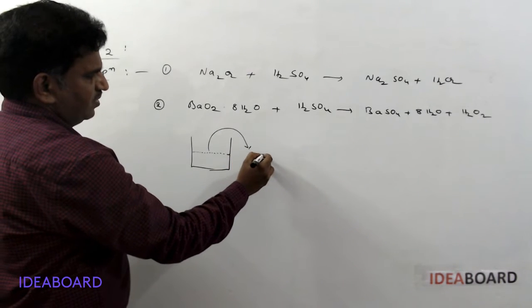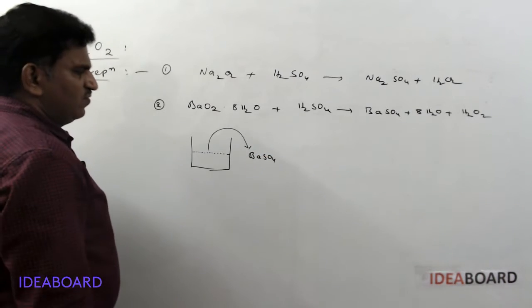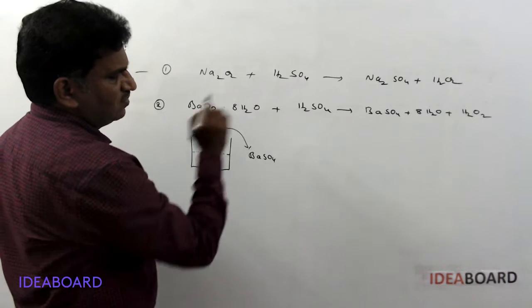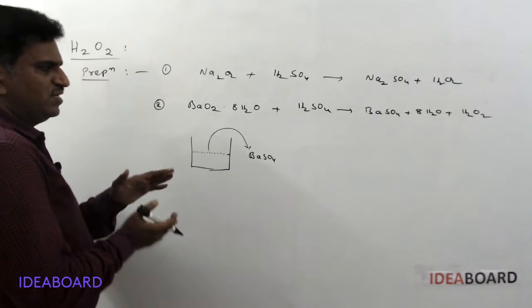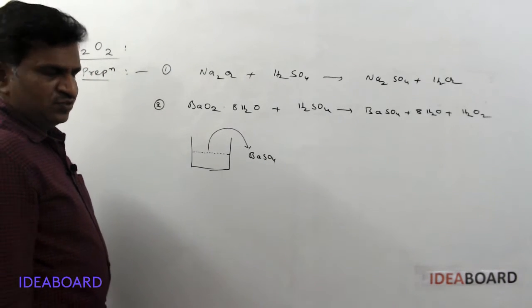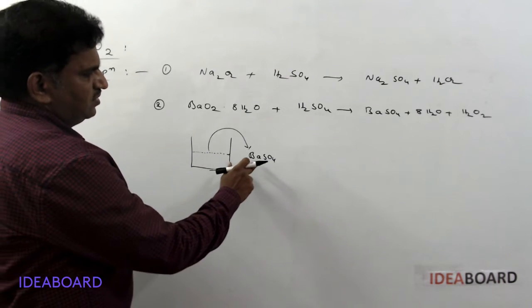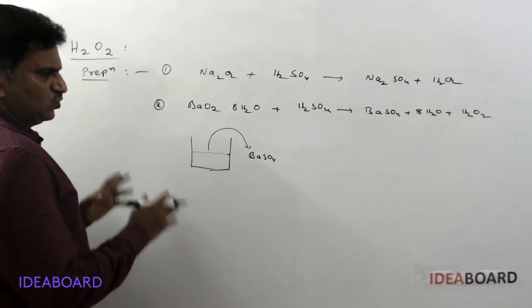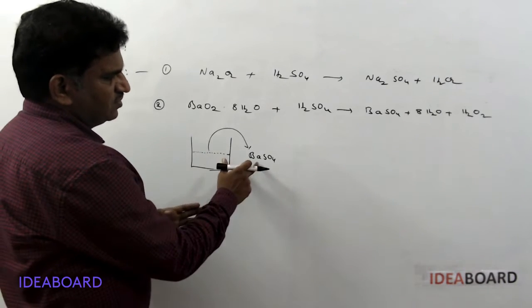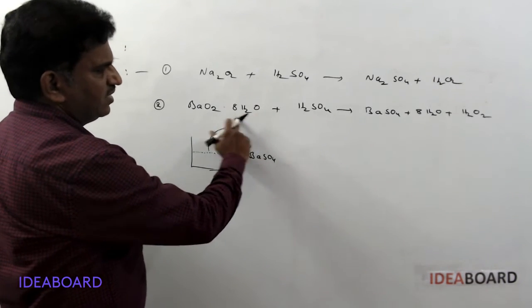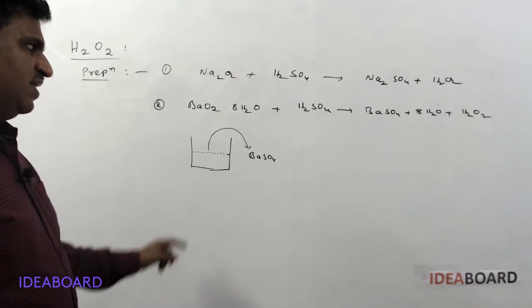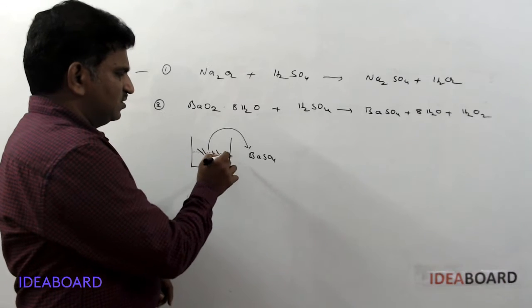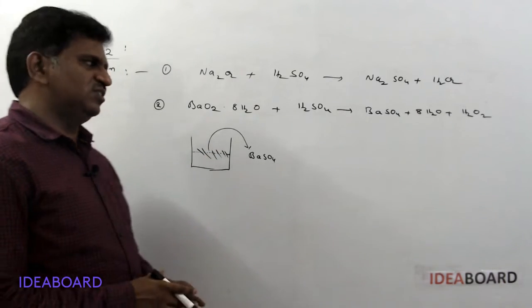Further reaction between barium peroxide and sulfuric acid is prevented by this layer. So the barium sulfate layer is preventing the reaction between BaO2 and H2SO4. So to prevent this layer formation, we are taking hydrated barium peroxide. If hydrated barium peroxide is present, it disturbs or prevents the layer formation.